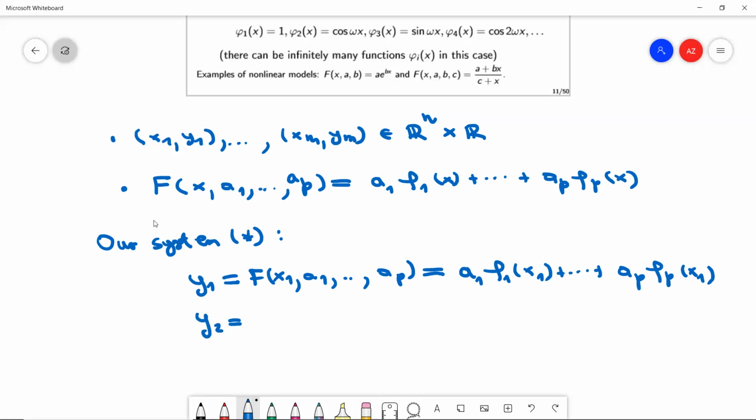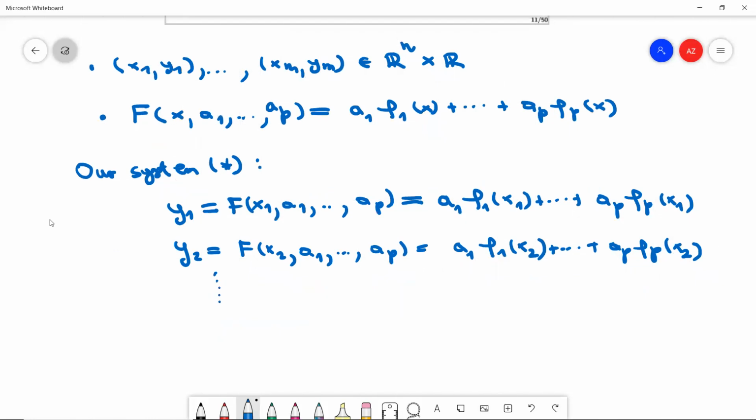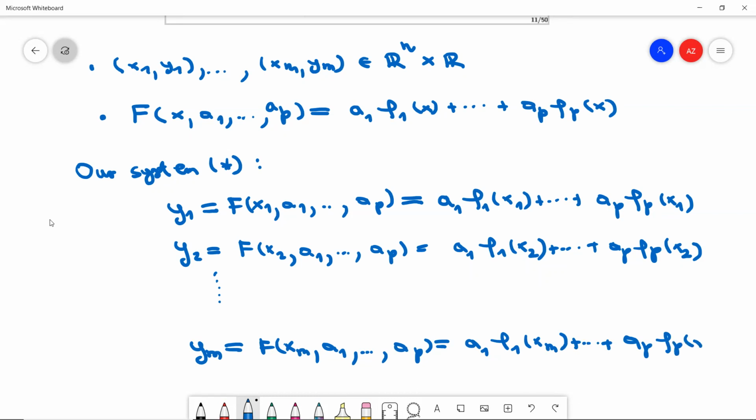So y2 is f of x2, and then again these parameters: a1 phi 1 x2 plus ... plus ap phi p x2, and so on, up to the last point, which is ym. It is f of xm, again with parameters, a1 phi 1 xm plus ... plus ap phi p xm.